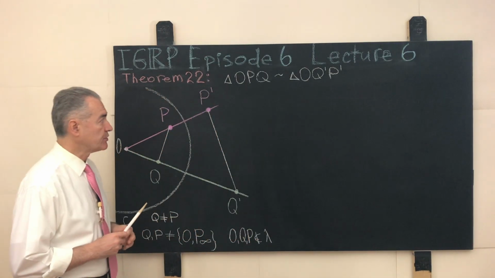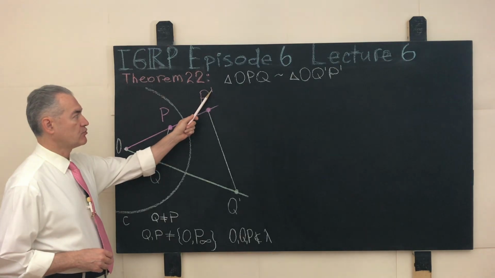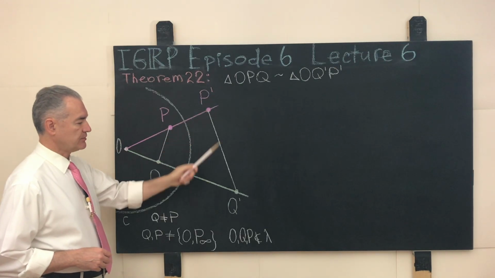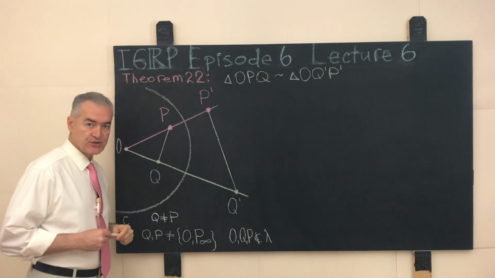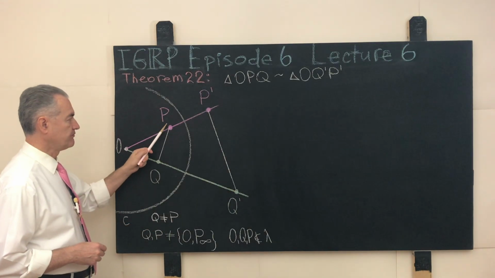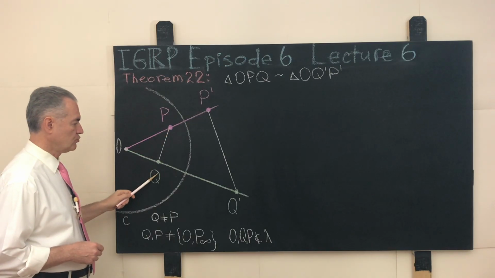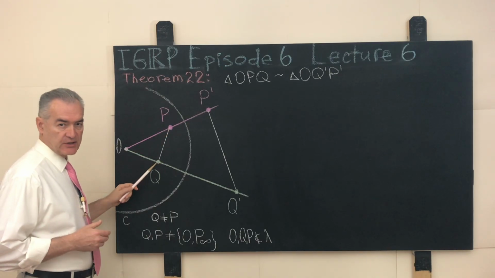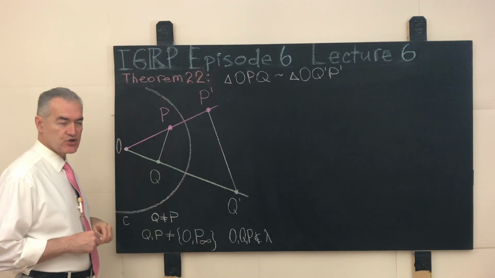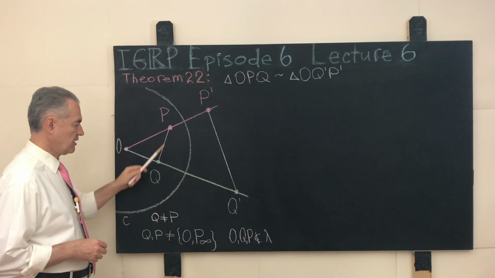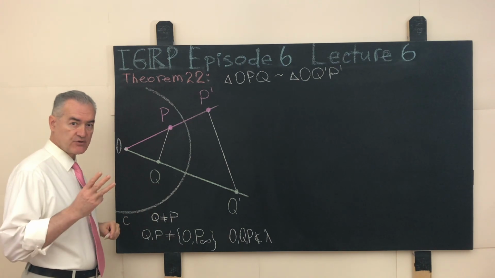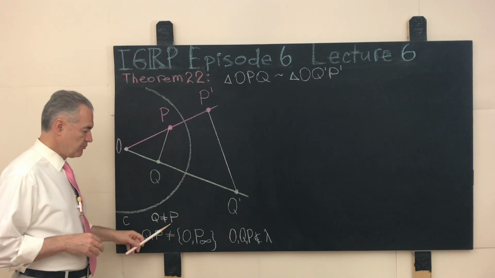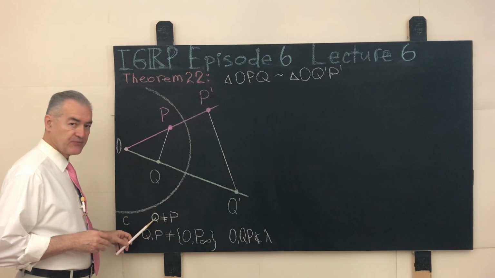If the points P prime and Q prime are the inversive images of the points P and Q correspondingly, and the pre-image points P and Q satisfy the following three constraints. Number one, the points P and Q are distinct.